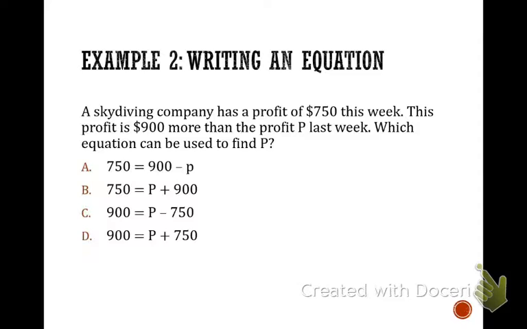Which equation can be used to find P? What did I just say that we always start with when we're writing our own equation? The equal sign, okay? So again, stop trying to figure out the most complicated parts of the equation and just start with the simple, the equal sign.